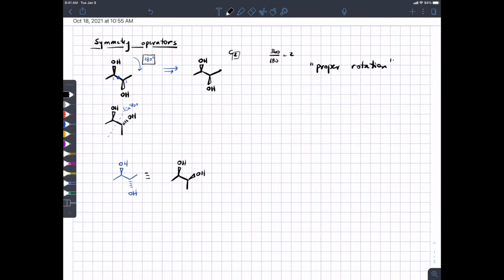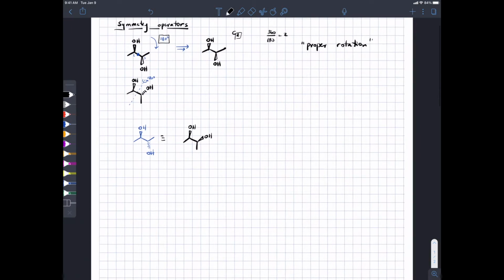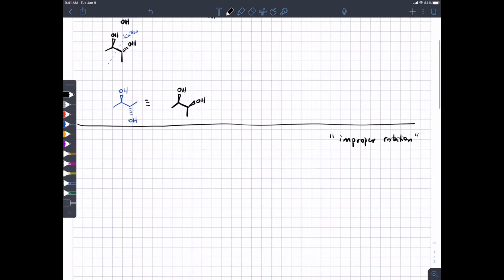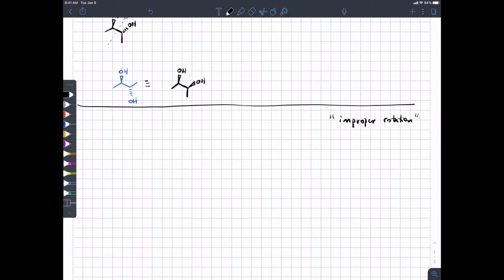And we're just using that to contrast with what's called an improper rotation, which I don't know really why they call improper. It's not like it's immoral or anything, but it involves both a rotation and a reflection through a plane.